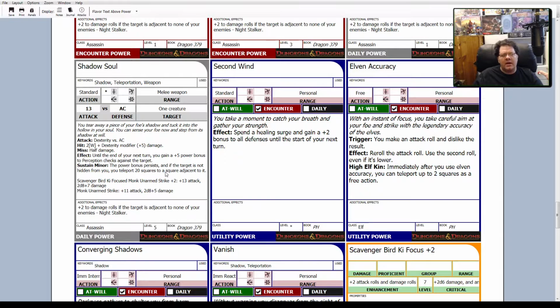And again, the ability to teleport has more uses than just covering ground. If for whatever reason I got grappled or restrained, teleportation takes me out of that. Or if I have a lot of people around me that are trying to hurt me, teleportation means they don't get opportunity attacks.